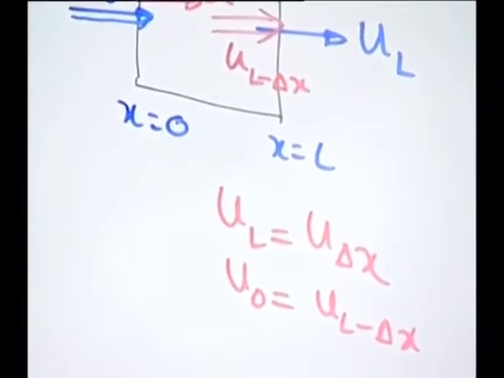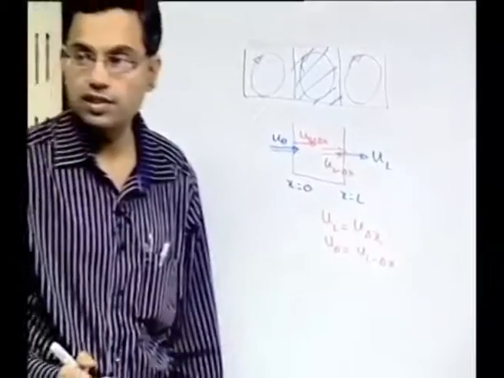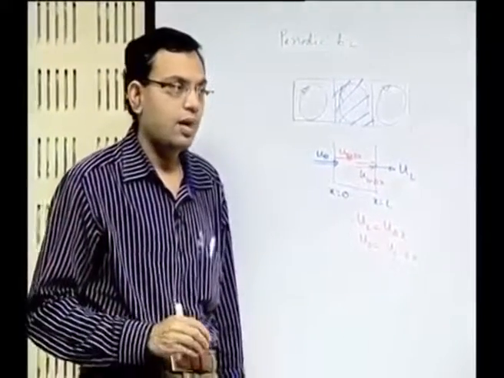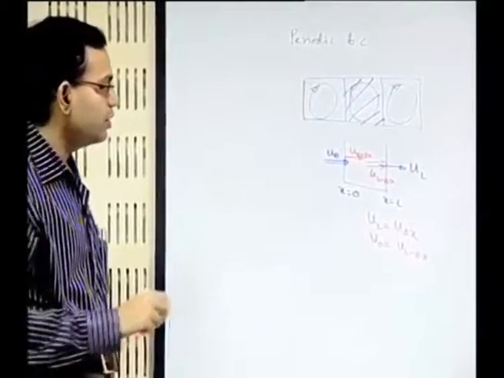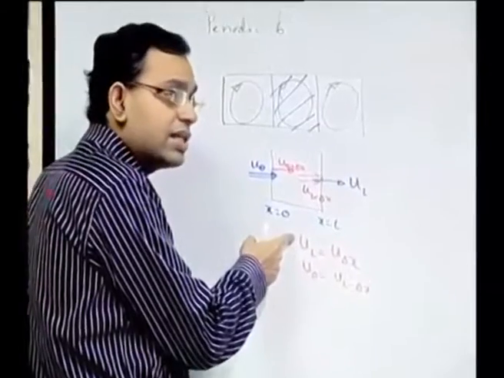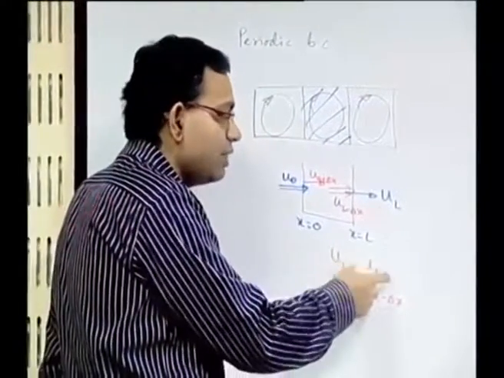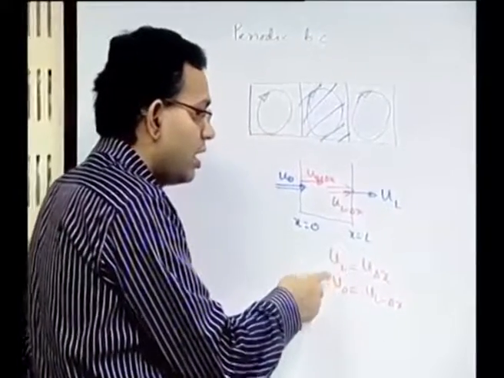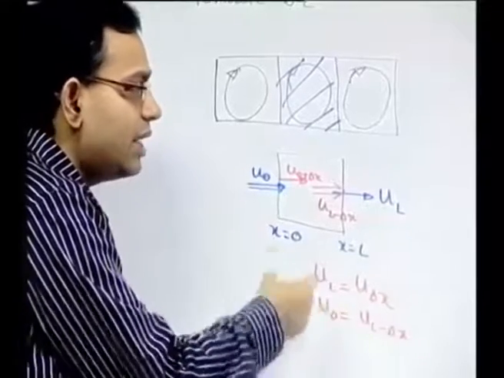So the periodicity is actually not equal to L, but equal to L minus delta x. In this way one can implement the periodic boundary condition. Again you can see that we have put the boundary as a function of the interior and not the interior as a function of the boundary. This is how to write it technically.